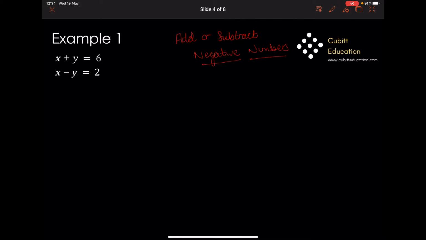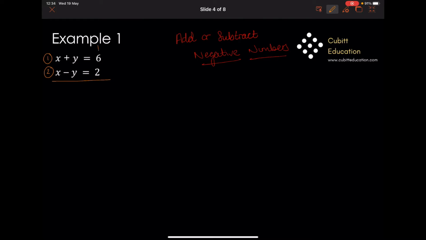Right now, we just need to look at these equations and try and eliminate a variable either by adding or subtracting. So first of all, I'm going to try and add these two equations together. I'm going to call this equation 1 and this equation 2. And I'm going to add these two equations together.